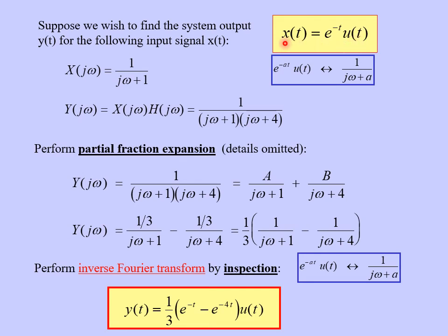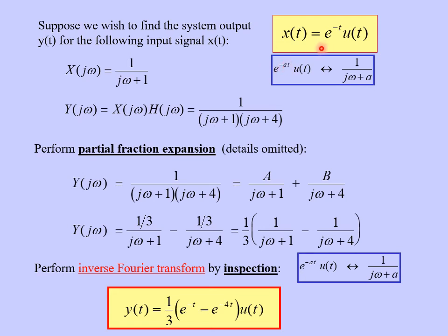So we're going to take the Fourier transform of x, and once again, here we're going to use the same Fourier transform pair. It keeps on showing up, I know, over and over, and the reason for that is that exponential functions like this solve differential equations. So these are very useful Fourier transform pairs to use.